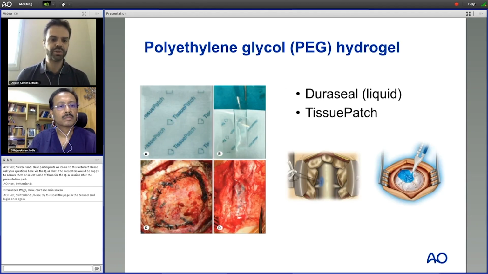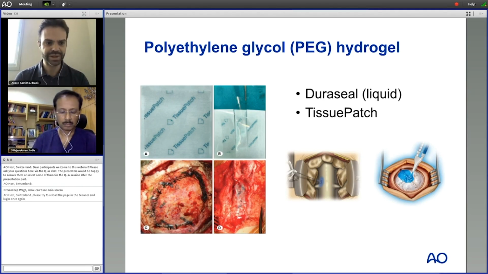In another group, we have the polyethylene glycol, the PEG, also mentioned by Yoshi. It can be used as a hydrogel. We have DuraSeal, DuraSeal Exact, and also Adherus. And we also have the tissue patch.